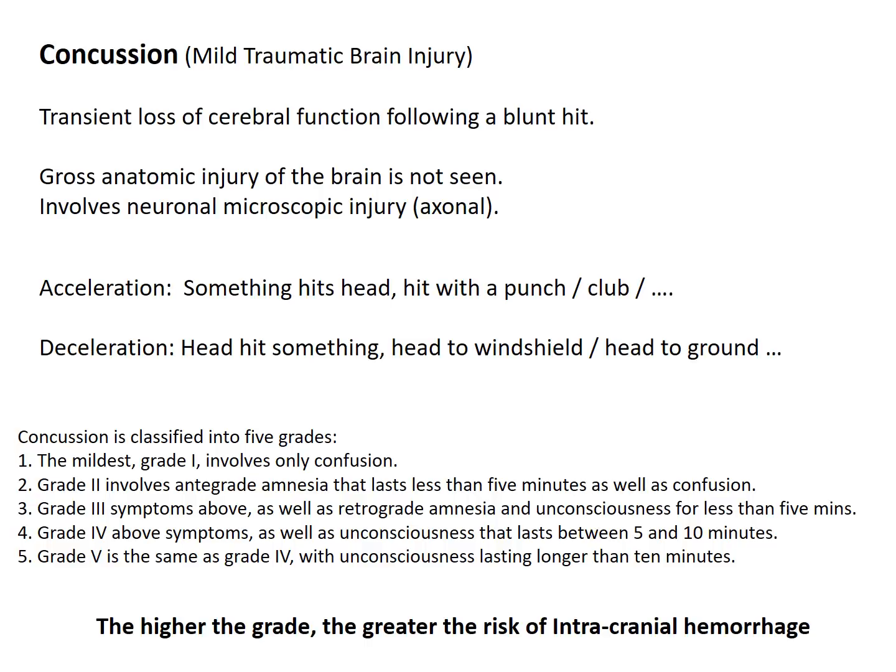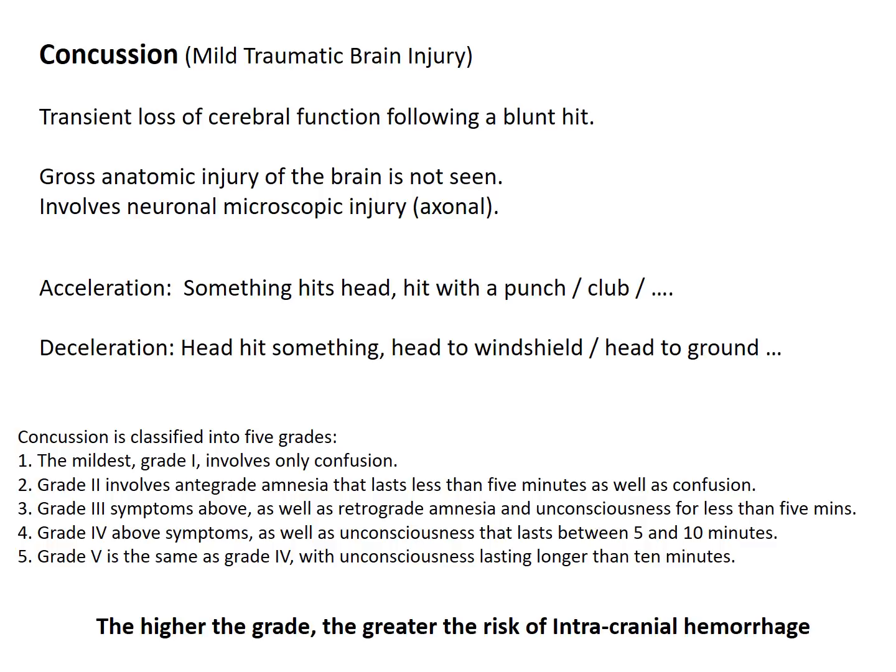So concussion, also known as mild traumatic brain injury, is a transient loss of cerebral function following a blunt hit. Key here being blunt, not penetrating. Gross anatomic injury of the brain is not seen, but microscopic injury to neuron axons does occur.